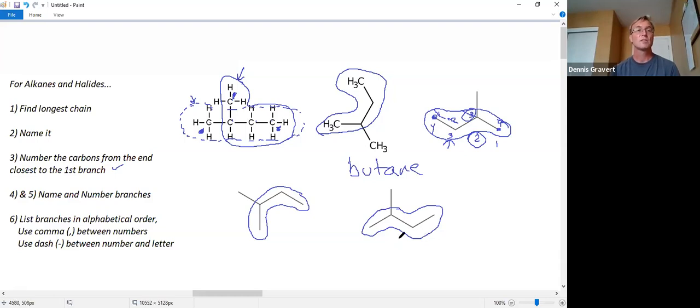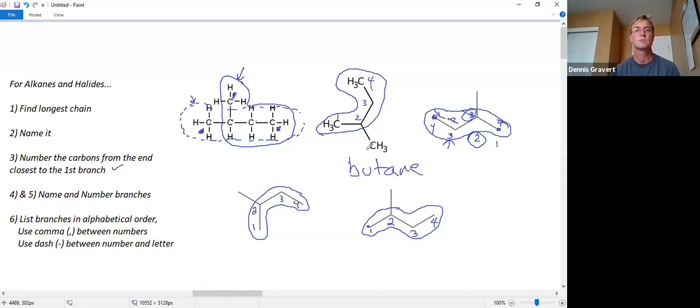If we number this molecule, we already know, number it from the side closest to the branch. This is a 1, then a 2. Finish numbering the chain, 3, 4. From here, oh yeah, you have to start numbering down here. Yep, the branch is on 2 again. This one, let's see, it'll be on this carbon. That's 1, then 2, 3, and 4.